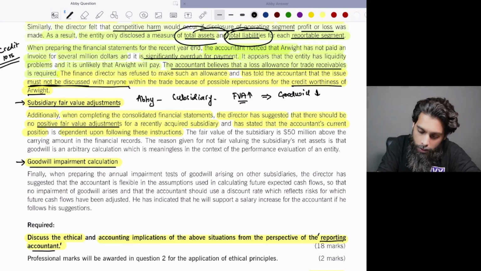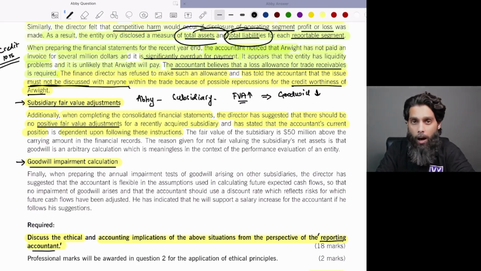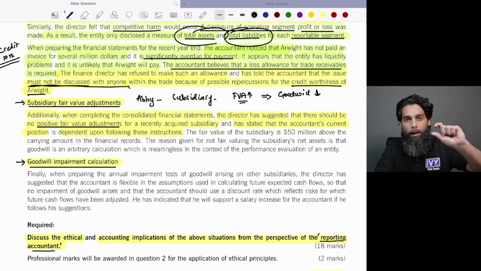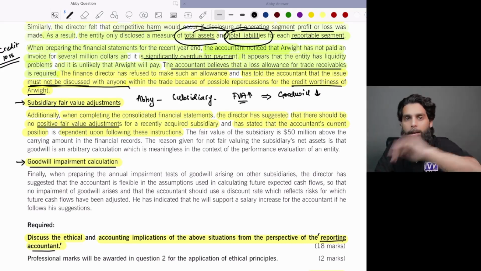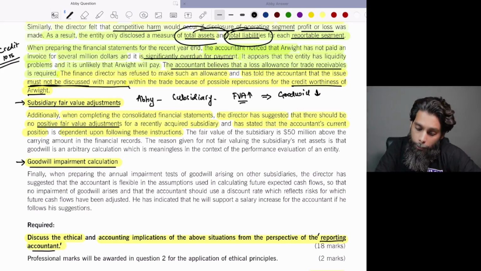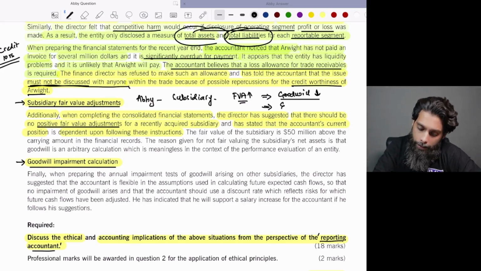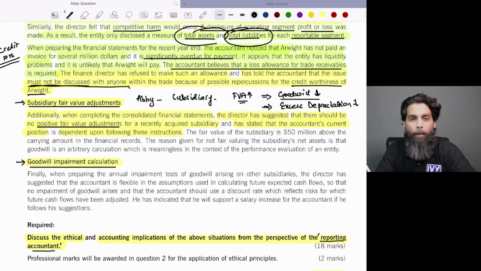The accounting entry is, for example, if there is an upward fair value adjustment of building, then there will be building debit and goodwill credit. So clearly your goodwill will come down. And the other consequence is there will be some excess depreciation in the years to follow. So there will be a loss of profit.